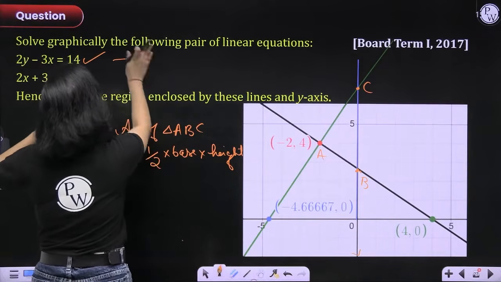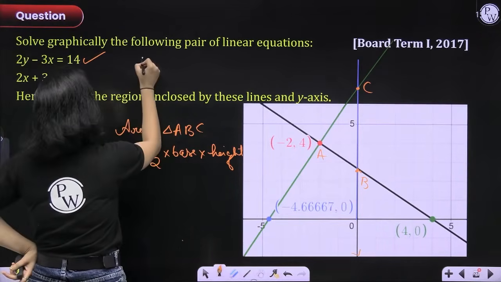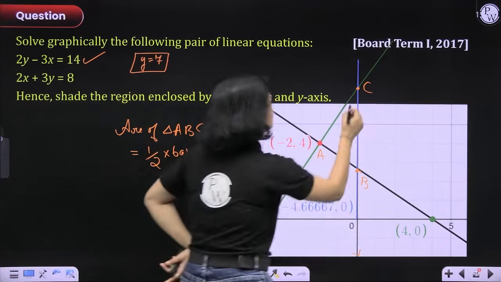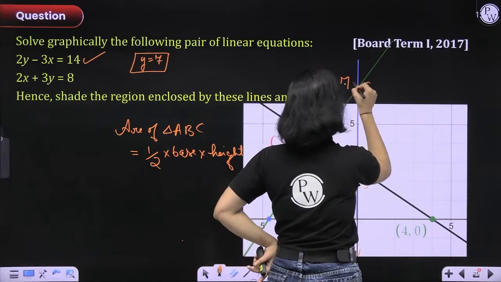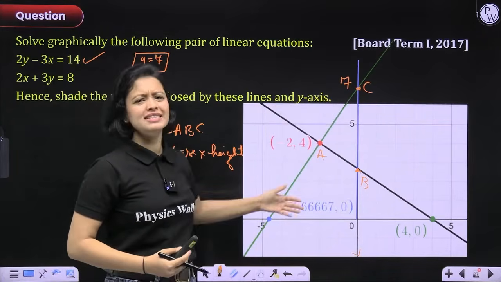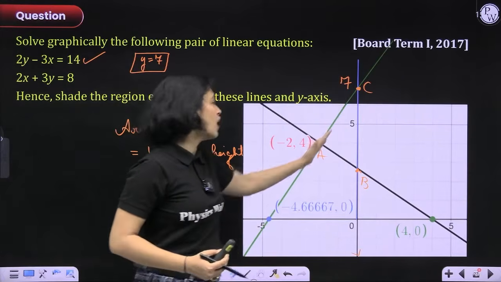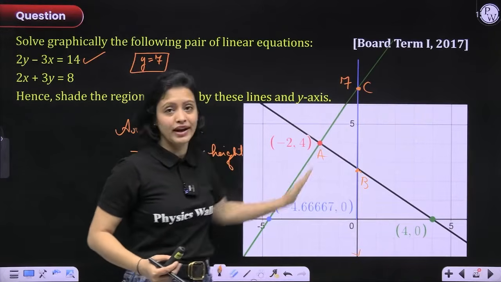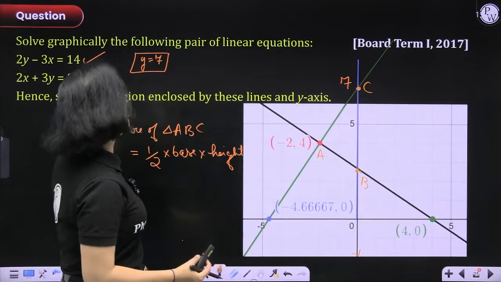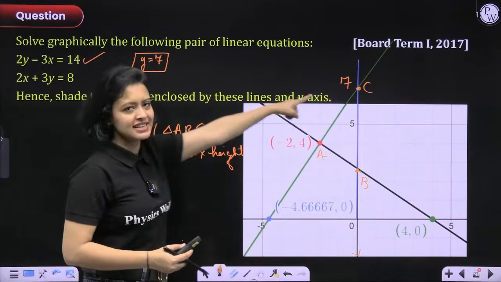So if I put x as 0, y comes out to be 7. Or you can simply think, how can you figure out C? You can easily figure out C if you find this line's point that is intersecting the y-axis. Bas, khatam. So put x as 0, y comes out to be 7. So this is 7, everyone.